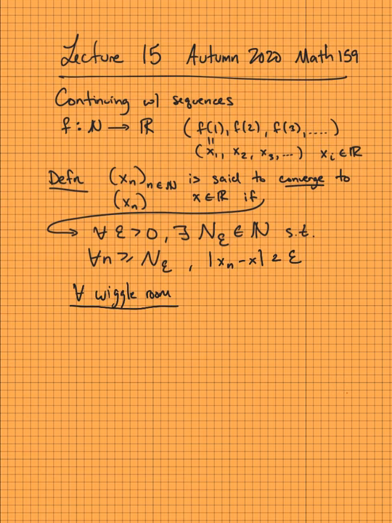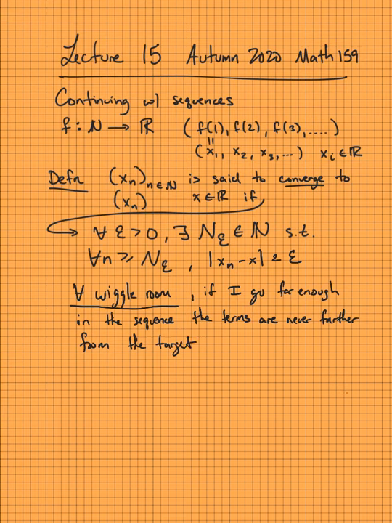And then it converges if you can do this for any small epsilon. So for any wiggle room, if you go far enough in the sequence, the terms are never farther from the target than this wiggle.